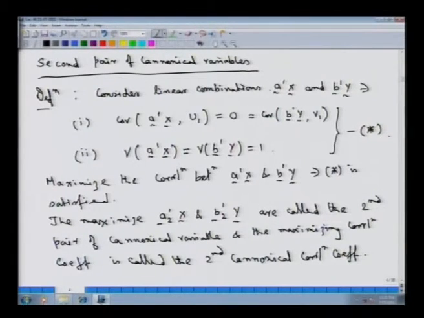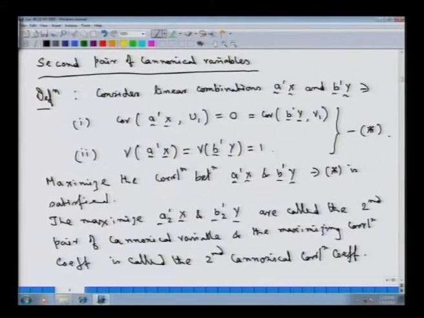We look at all such linear combinations, now restricted to the situation that these linear combinations will be uncorrelated with the first canonical variable. The respective component B' y will be uncorrelated with the first canonical variable pair component associated with y, with unit variances, and then we will try to maximize the correlation between all possible A' x and B' y such that the condition star is satisfied.